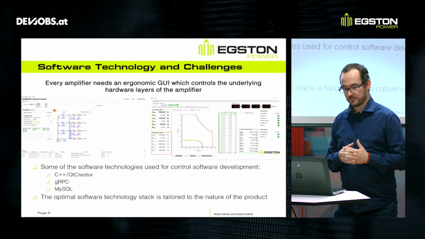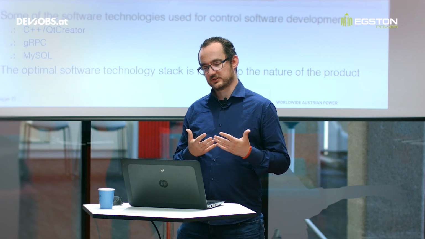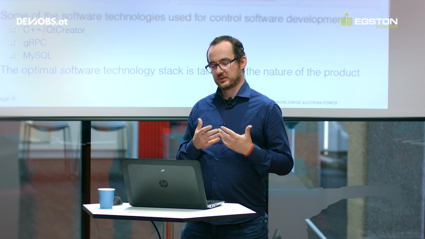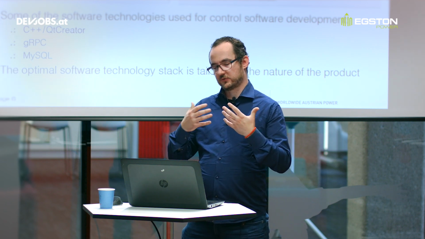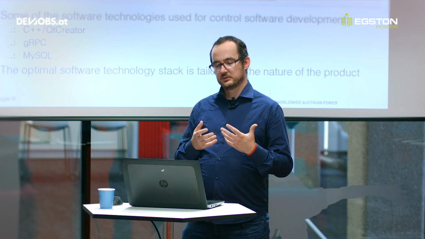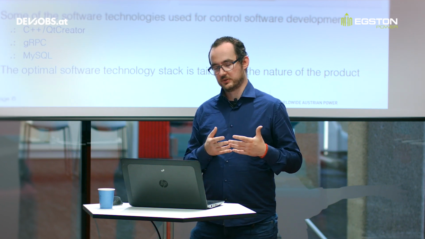On top of that, there are functional layers that EGSTON implements which allow the user to transform the amplifier into a fully fledged PV panel in terms of electric behavior.